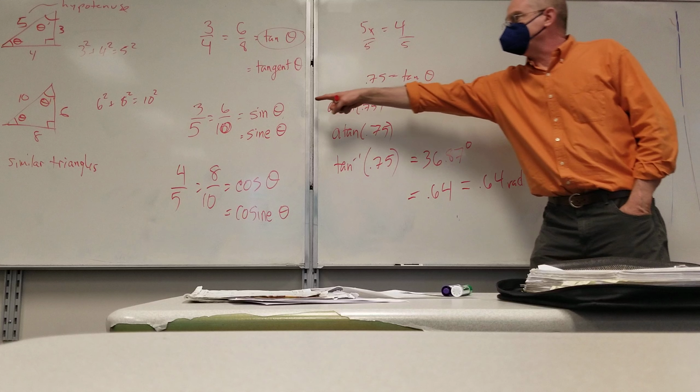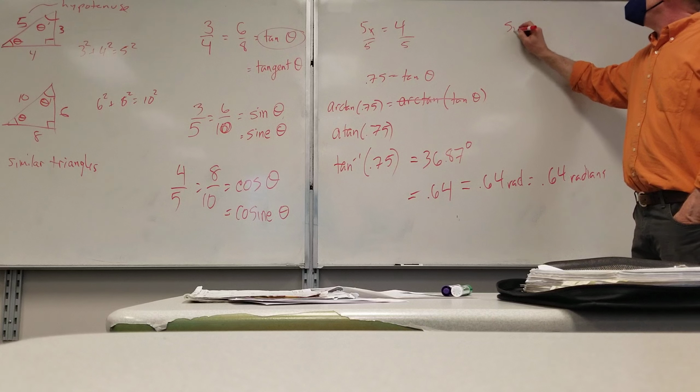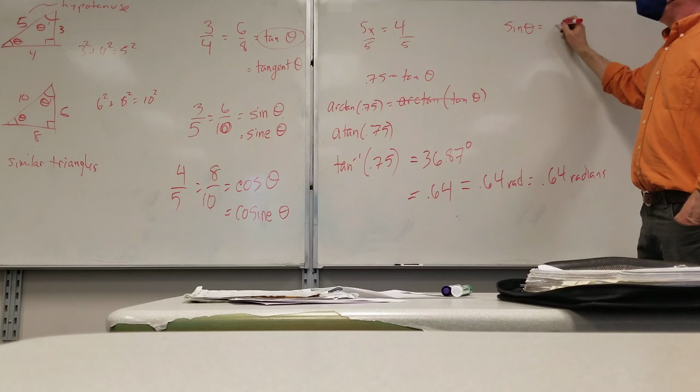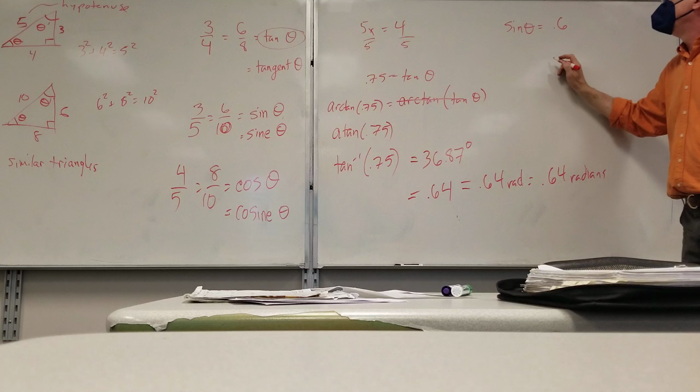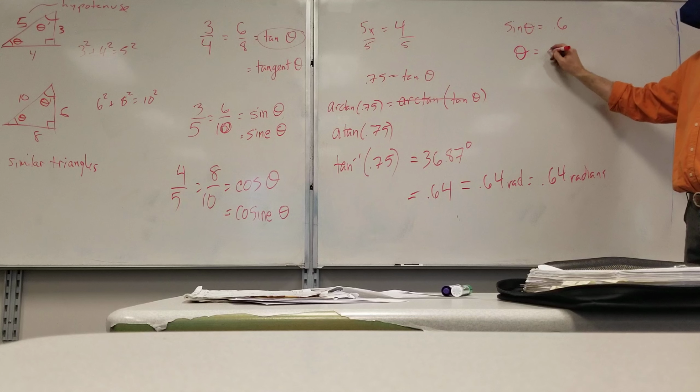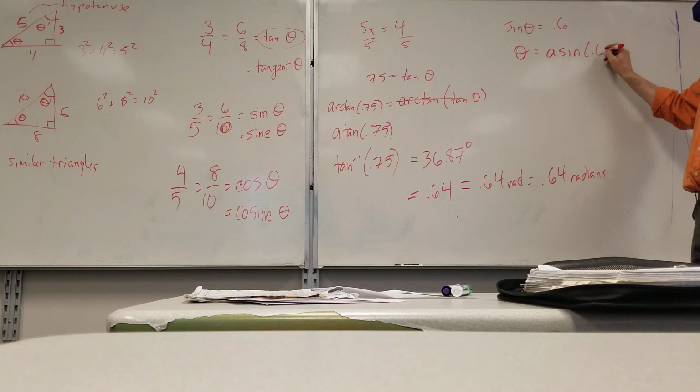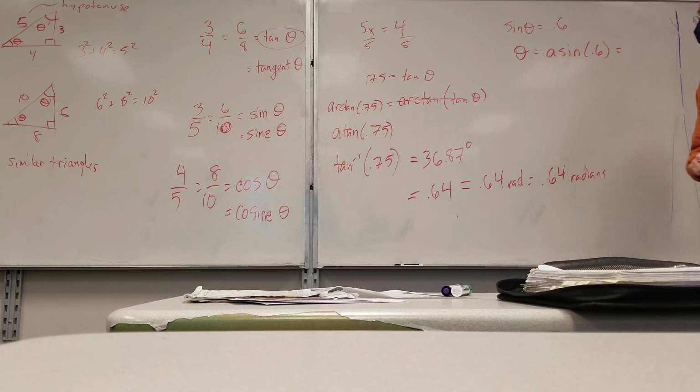Now, over here, we could have solved it with, we had the sine of theta is equal to 0.6. So theta would be the arcsine of 0.6. And if you plug that into your calculator, I hope you get the exact same thing. Let's just get confirmation that you do.